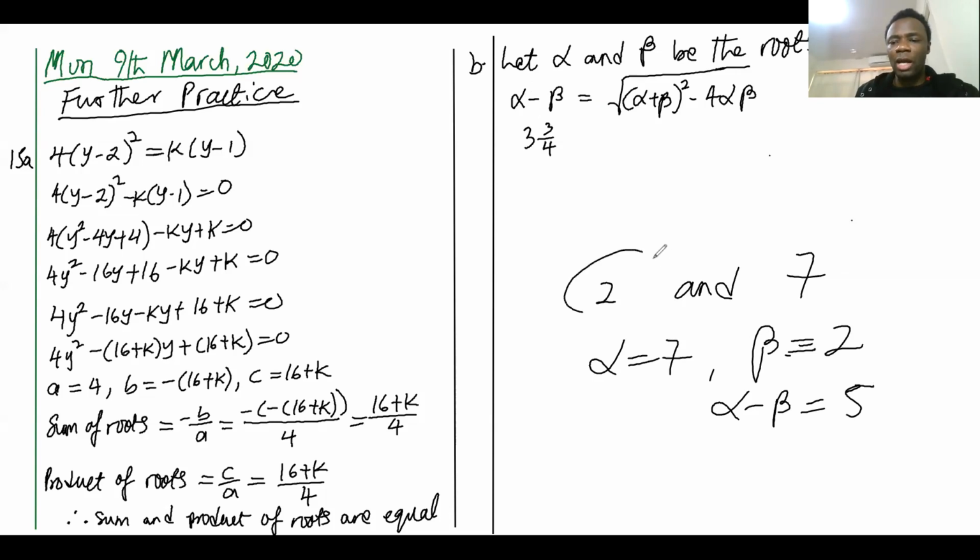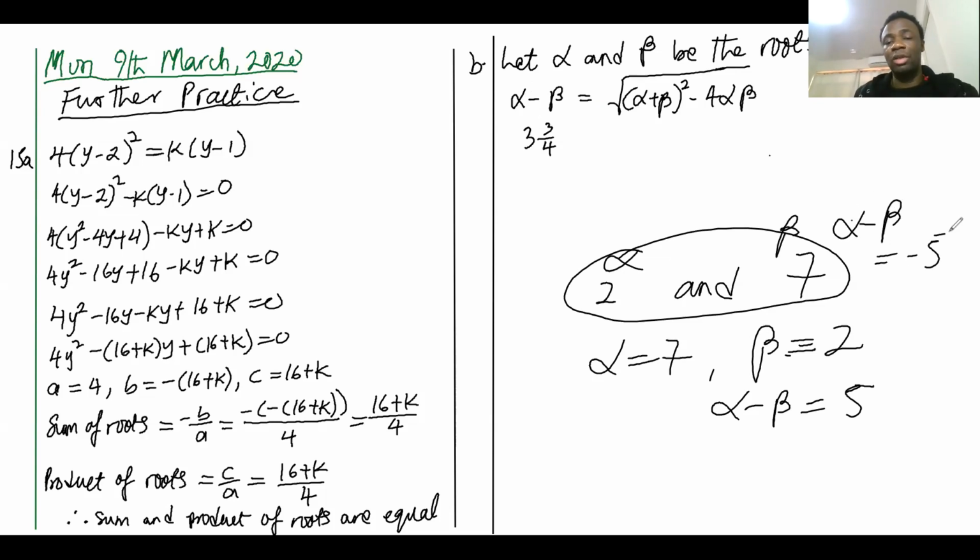But if I do not put alpha greater than beta and I just assign alpha here, beta here, you will notice that my alpha minus beta will be minus 5. So I'm not sure whether to put plus or minus here because I don't know. But in any case, I don't need it. Do you know why I don't need it? Because if I decide to square both sides, whether plus or minus of this, and I square this side, does it really matter now?